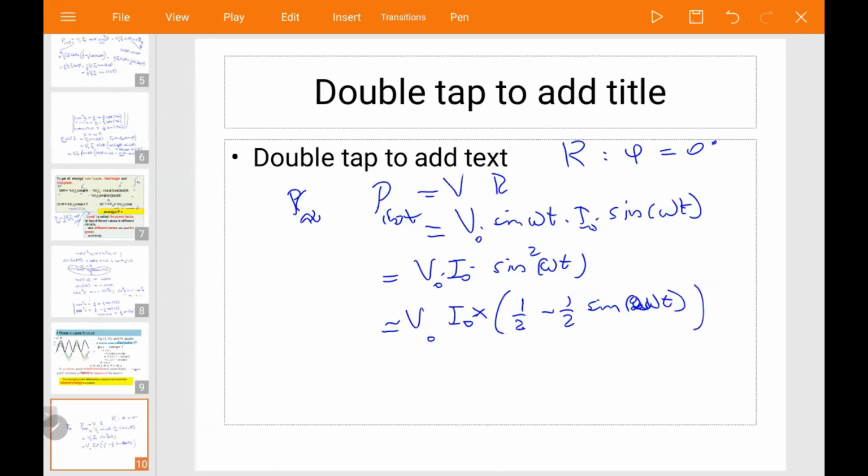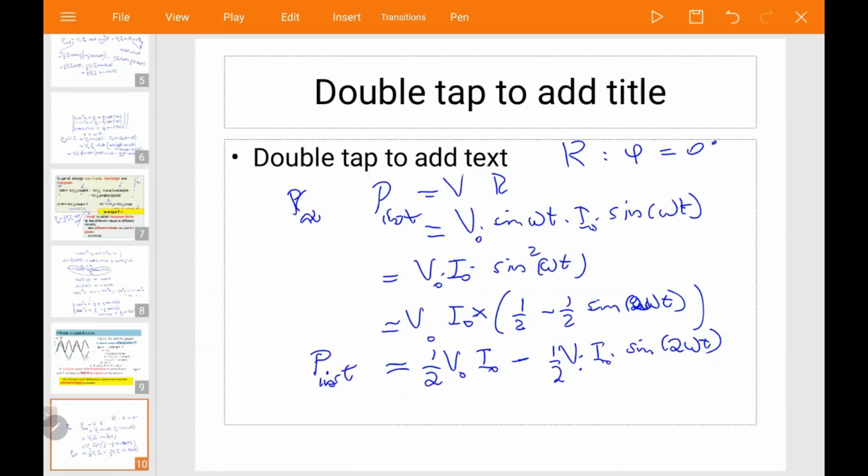When we expand this, you get a half V0 I0 minus a half V0 I0 sine of 2 omega t. So this is the instantaneous power when you have a pure R circuit.